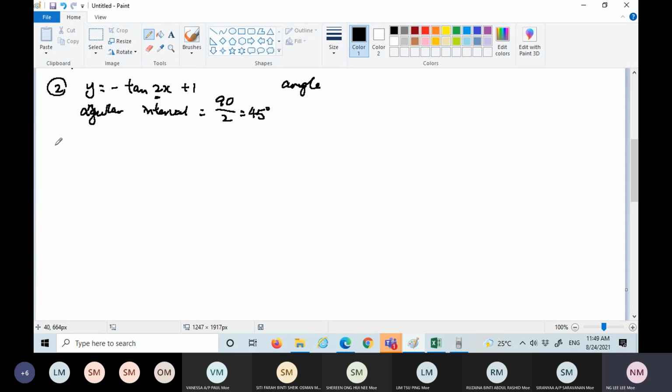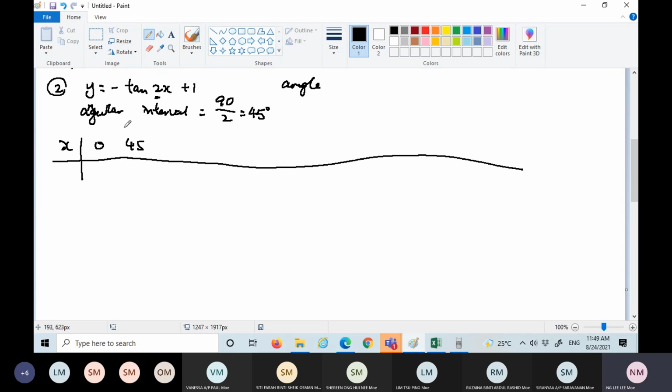Okay, so again, I build the table. Start from the 0. Okay, 90, 135, 180, 225, 270, 315, and then 360.